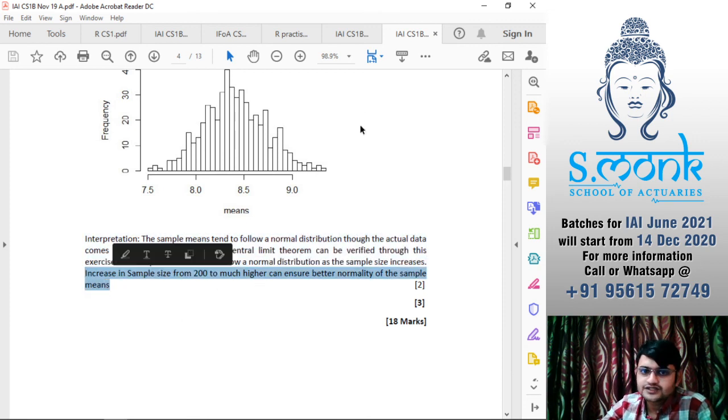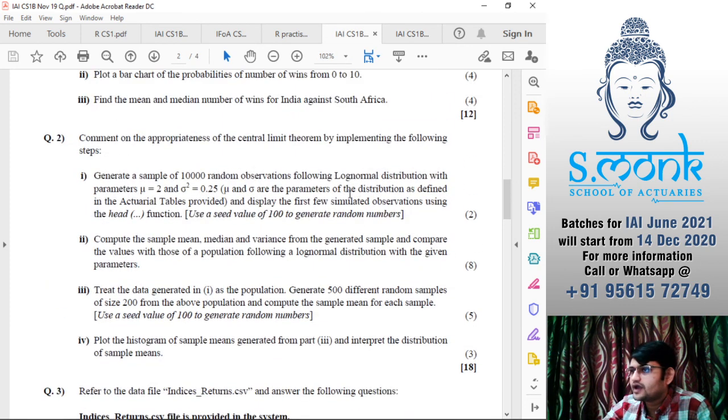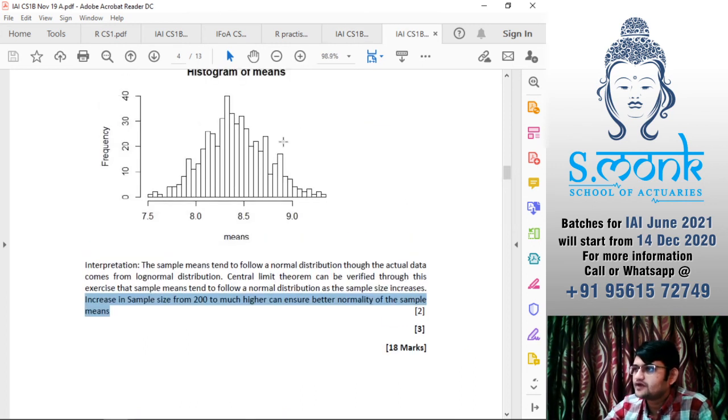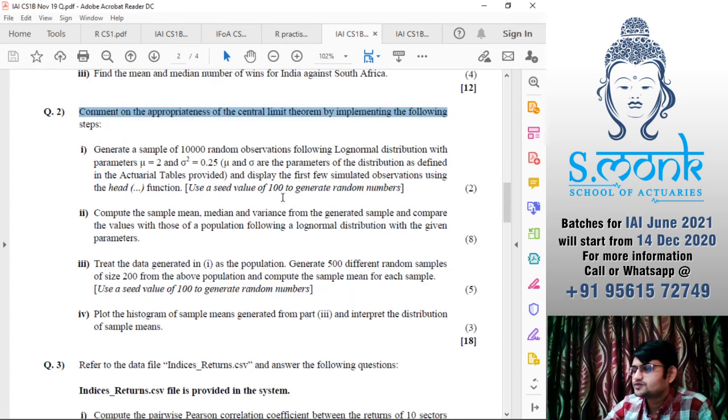So they asked us in the question to verify the appropriateness of the central limit theorem, right? So we had to talk about that even though the sample came from a log normal distribution, still the sample mean gave us a normal distribution. Using the histogram, we can say that it is nothing but a normal distribution.